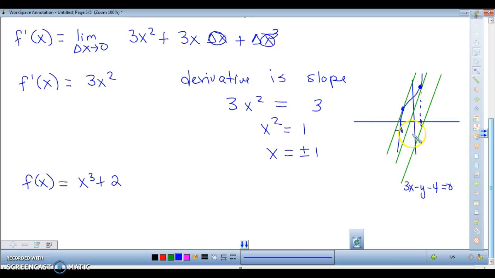So we know that it occurs at those 2 x values right there. Now to get our ordered pair, to figure out our y value, we're plugging it back into f of x because both of those points are on f of x. So if I plug those x values into f of x, then I can figure out what the corresponding y values are.